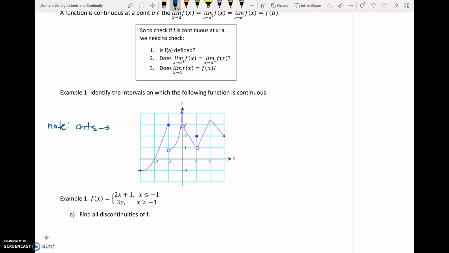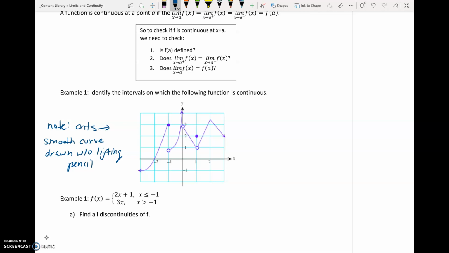So if it's continuous, then you can draw the smooth curve without lifting your pencil. So just watch my cursor as I move through this function here.